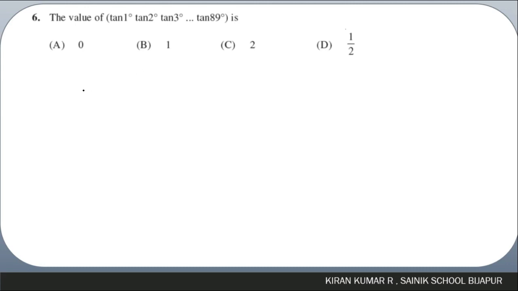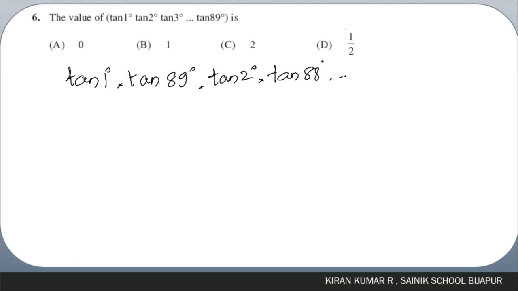What we can do is, I'll write tan 1 degree multiplied by tan of 89 degrees multiplied by tan of 2 degrees into tan of 88 degrees, and it continues till tan of 45 degrees multiplied by tan of 45 degrees.